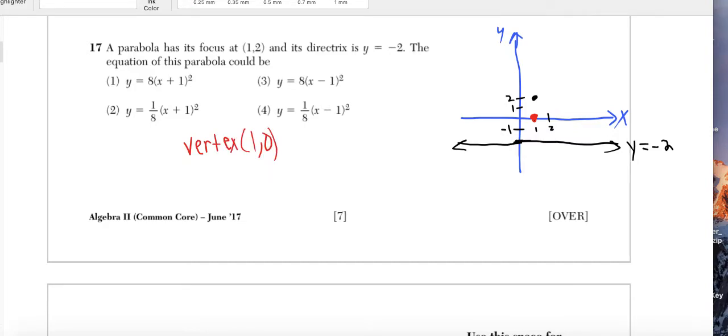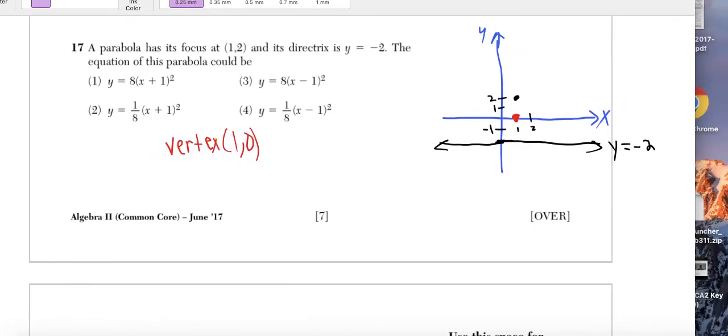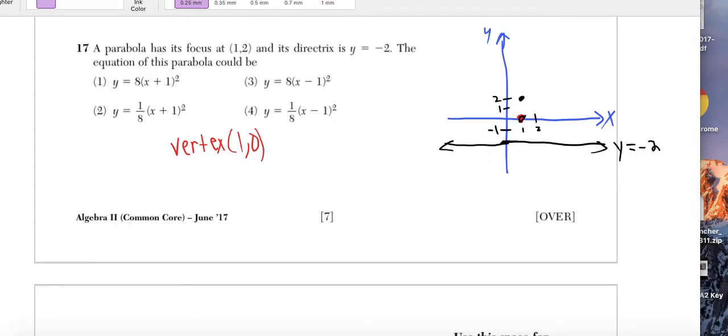Now, the other part I'm going to look at, guys, is how you get the equation of a parabola using the focus and directrix. What you want to do is use the equation y equals 1 over 4p times (x minus h) squared plus k.